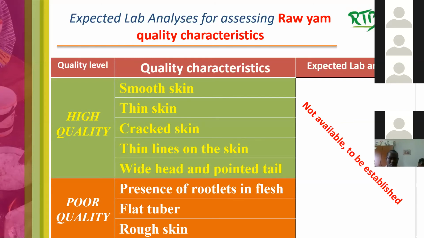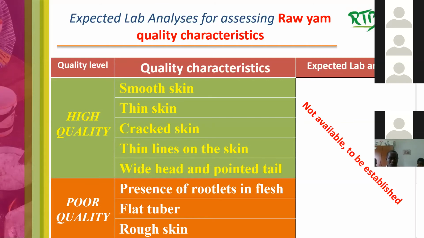Okay, because my interpretation is that when something is cracked, it's slightly opened, which then will be an avenue for insects to enter and destroy the yam. So I have this conflict: how can it be high quality if it's open and will allow insects to attack the yam, and we know yam is stored?